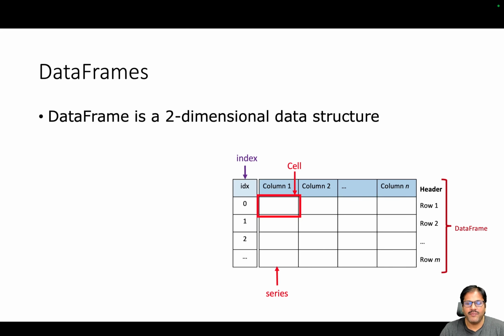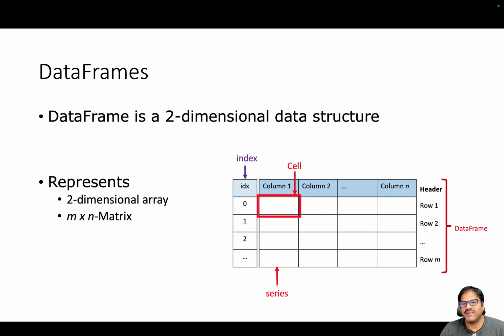For a data frame, there is a special structure called the index, which stores the row information. So, the basic data structure simply represents a two-dimensional array, or we can say an M cross N matrix.